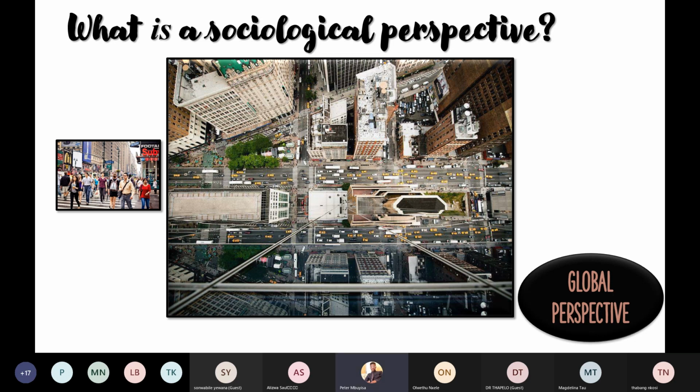You are entitling your own views or perspectives about the person and attaching them to the individuals you are seeing. We are saying that the sociological perspective is not that. What the sociological perspective is, is exactly what the bigger picture is showing you in that slide.